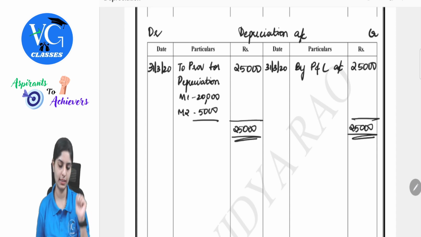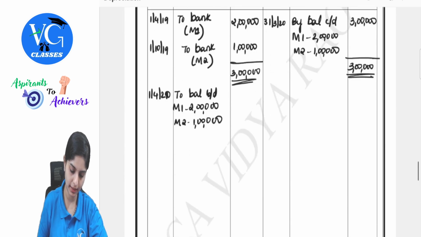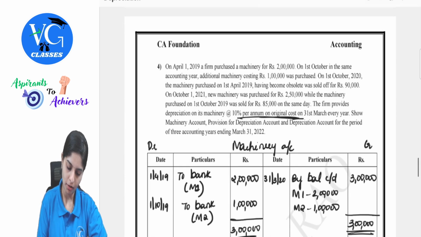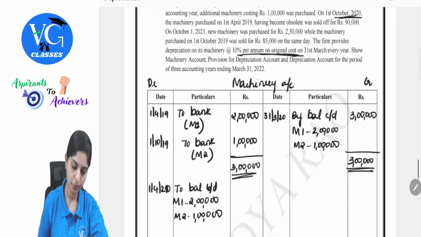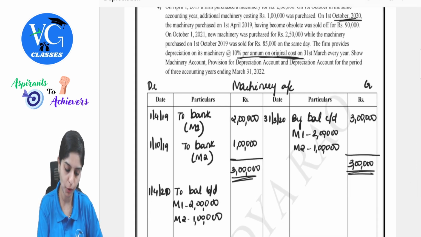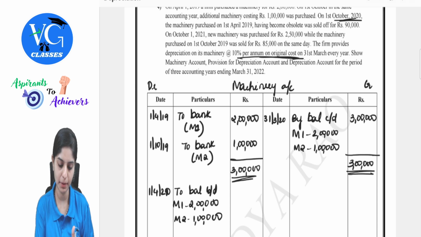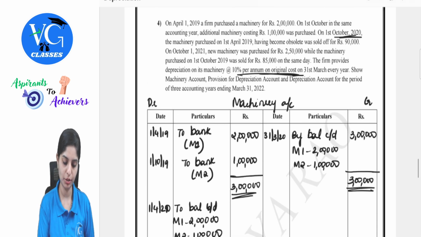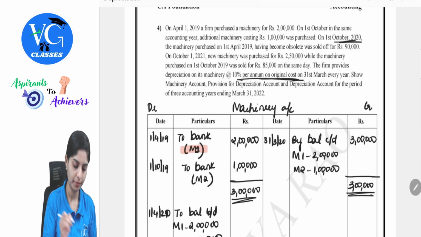Done? Yes. Next year, what is happening in the next year? On 1st October 20, the machinery purchased on 1st April 19, having become obsolete, was sold for 90,000. So until 1st October 20, we need to calculate depreciation. This was for machinery purchased on 1st April 19, which means machinery 1.